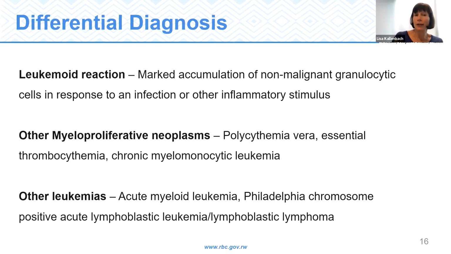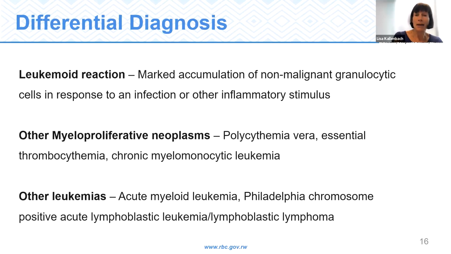Other myeloproliferative neoplasms include polycythemia vera, essential thrombocythemia, and chronic myelomonocytic leukemia, or CMML. In those situations, you would probably see other things. In polycythemia vera, you would see a very high hemoglobin level, typically. In essential thrombocythemia, you see a very high platelet count.